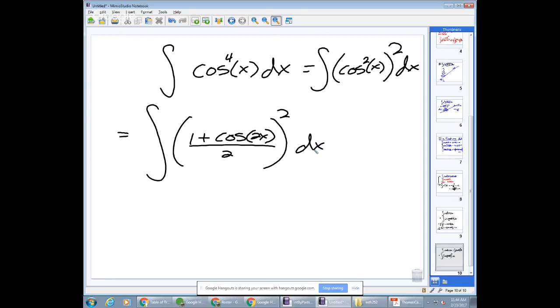And we can't substitute our way out of squaring that because there's no du hanging around if we have u be something related to the cosine of 2x. So we got to multiply this sucker by itself. And so I don't have much of a choice, I'm going to have a 1/2 squared as a constant, and then I have 1 plus cosine of 2x times 1 plus cosine of 2x.